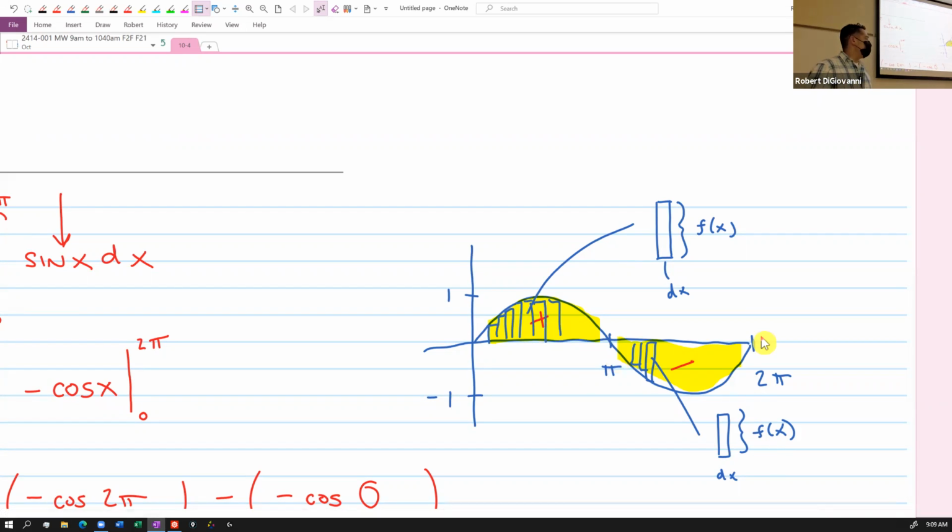The only problem is the integral of the absolute value is not as easy, right? If we put absolute value around the sine x like this, then that antiderivative is not, we actually haven't even talked about what the antiderivative of the absolute value of something is, have we? Now I'm not sure if that's what you meant at home.